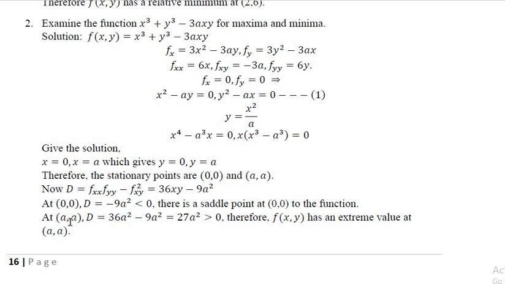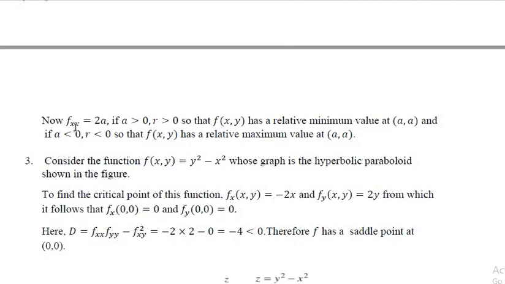Then we will see at the second point (a, a), D equal to 36a square minus 9a square, that is equal to 27a square, which is always greater than 0, whatever be the value of a. Therefore, f(x,y) has an extremum value at (a, a). Now fxx equal to 6a. Then depending on this a, we can see whether we are getting a relative maximum or minimum.